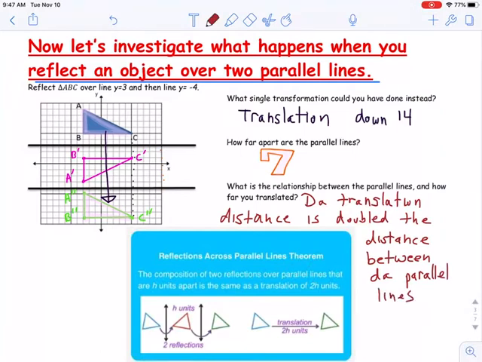All right, the parallel lines were 7 apart. The translation was 14. Okay, the distance was doubled, which kind of makes perfect sense.